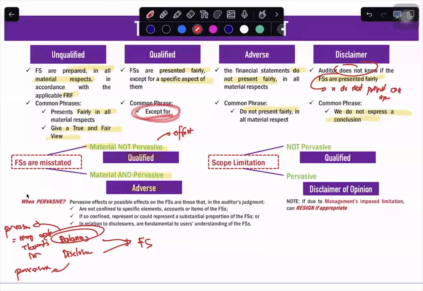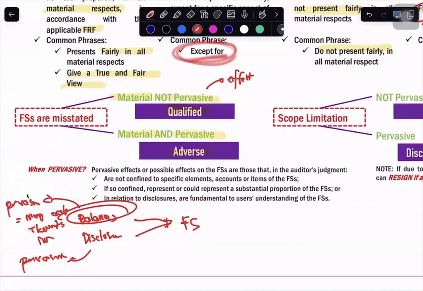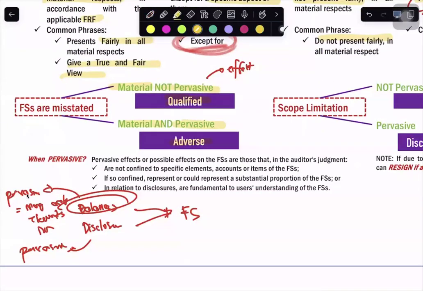But if it is less than that, or confined to small accounts or some accounts, then it is not pervasive. As to disclosure, if it is fundamental to users' understanding of the FS, it is considered pervasive.